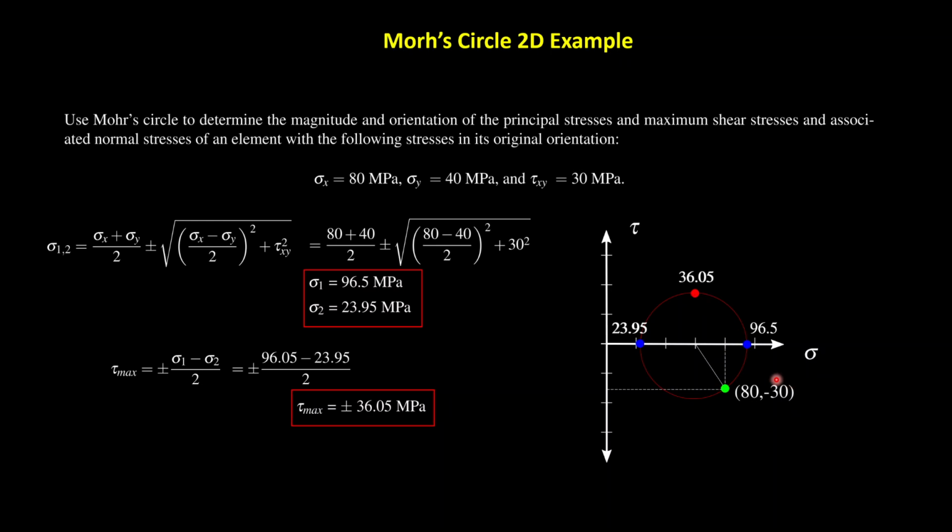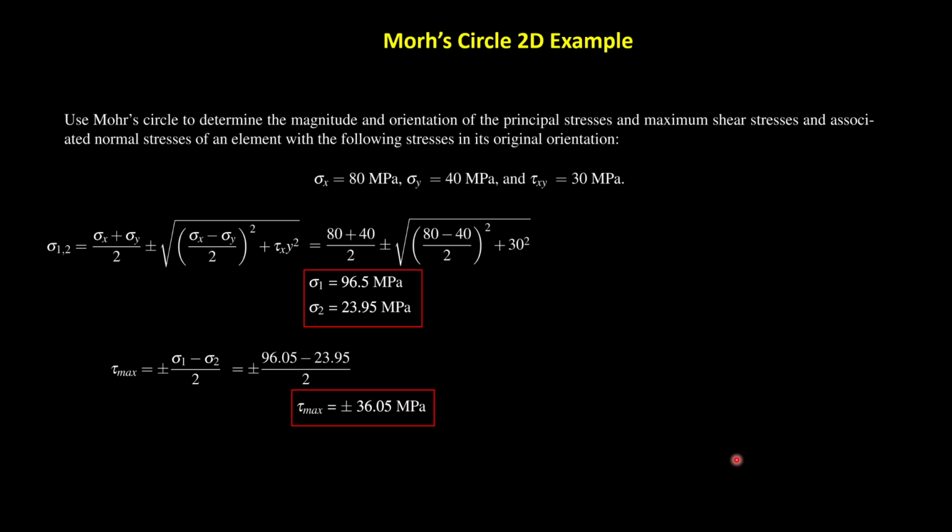And for that, I need this relationship, because this is the initial orientation of my axis. If I want to get from this point to this point, I have to rotate or orient my element following this angle here. So let me try to write it better this time.